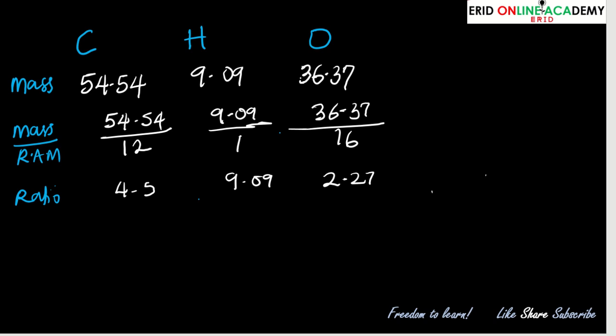2.27. So the next thing to do here, just look at this ratio. What can we do to get the simplest whole number ratio? The next thing to do is to divide this raw ratio by the smallest number, and the smallest one here is 2.27, in order to get the simplest ratio.